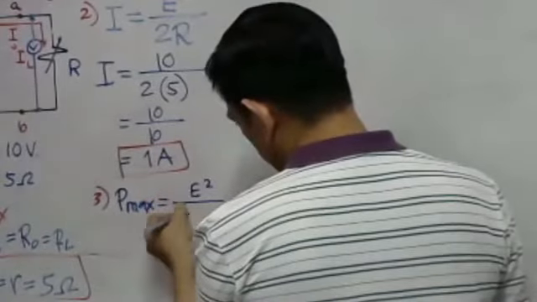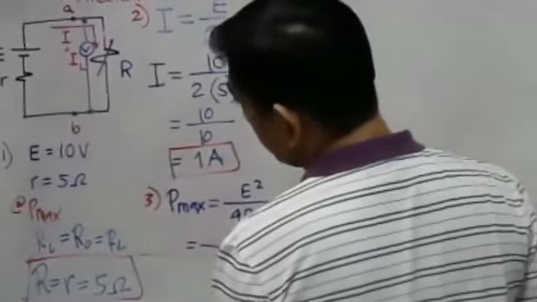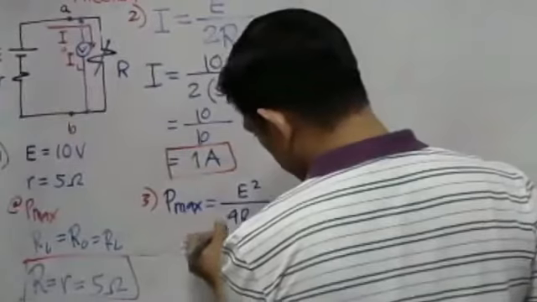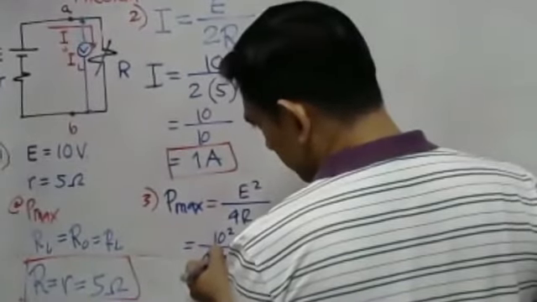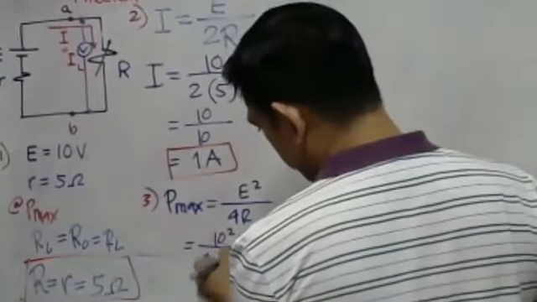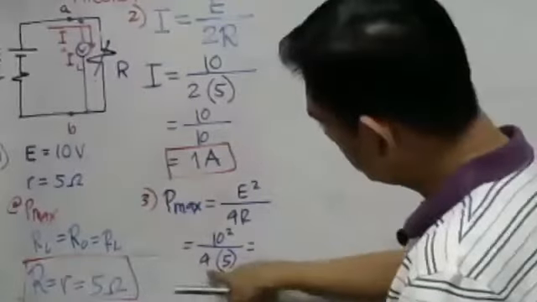Our E here is 10, so 10 squared over 4 times 5. 10 squared is 100, divided by 20.